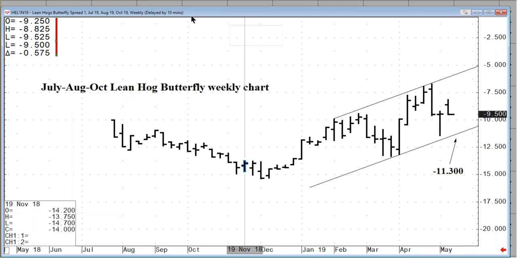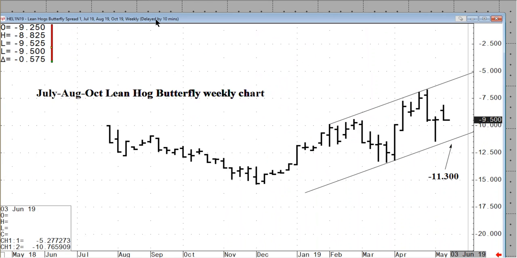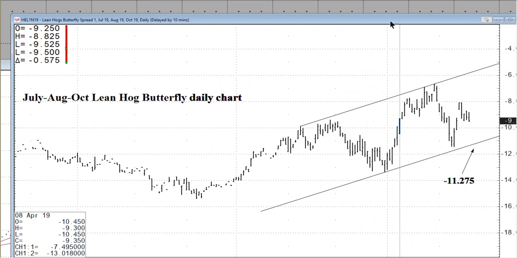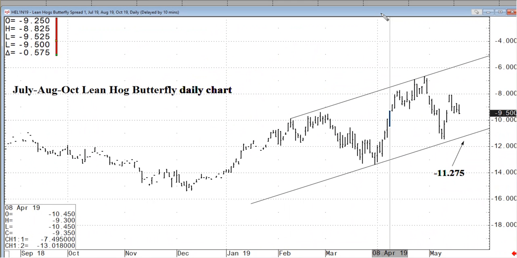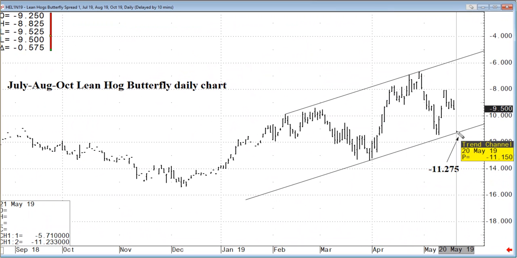I don't know if we'll get down there or not. But I do think the daily chart provides more data to go by, as there's not a lot of data here. In fact, the same formation on Monday is a negative 11.275, and by Friday it's a negative 11.05.